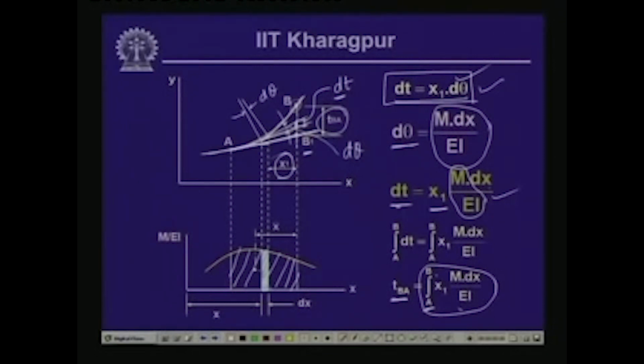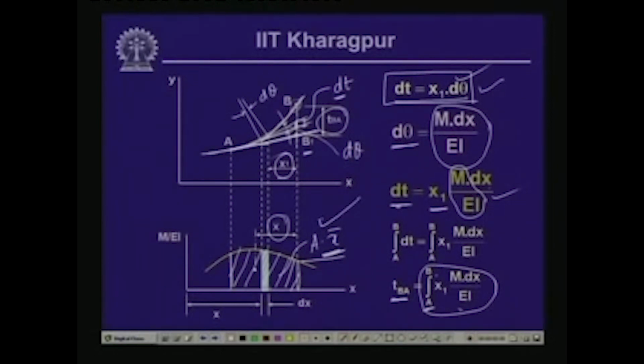Now, this point is the CG of this particular part of the M by EI diagram, and let us call that distance x bar. So, this area times x bar, and mind that x bar is with reference to the point B for which we are evaluating the tangential deviation, is the moment of this particular area.